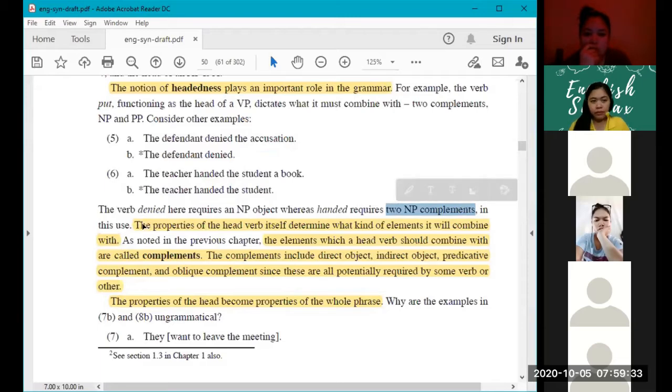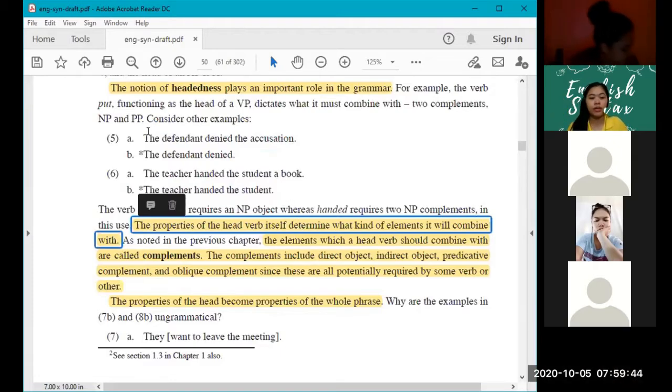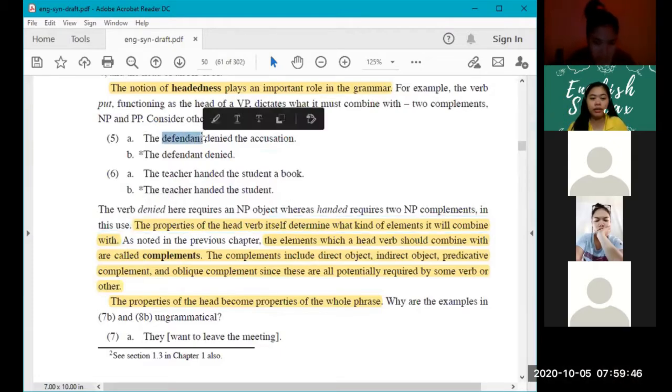So the properties of the head verb itself determine what kind of elements it will combine with in the whole sentence. Okay, so magbuot ang head sa sentence or ang head sa phrase kung unsa ang complement nga iyang dawaton sa sentence for it to become grammatical or acceptable.